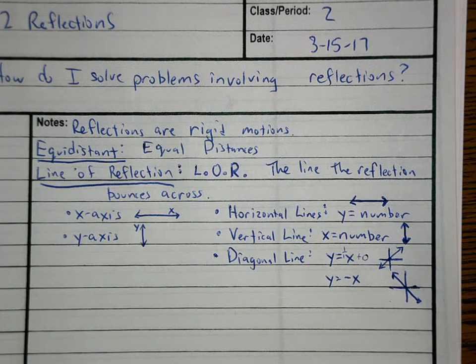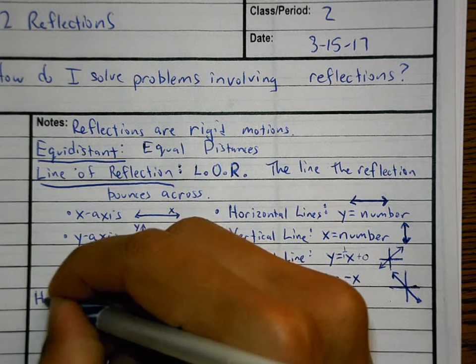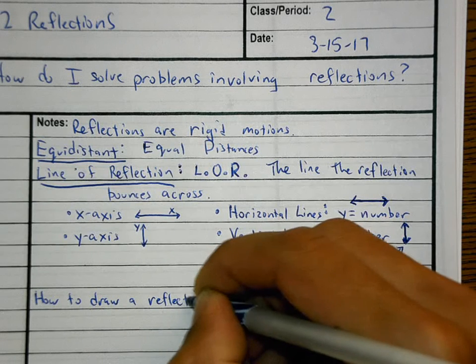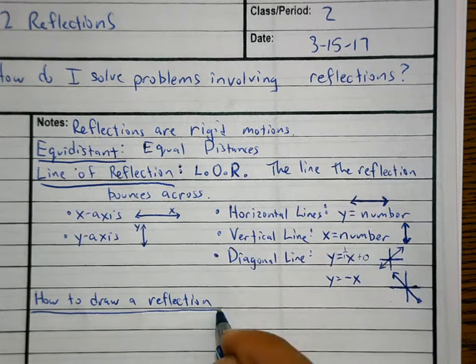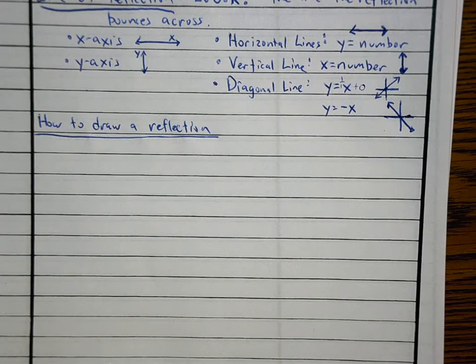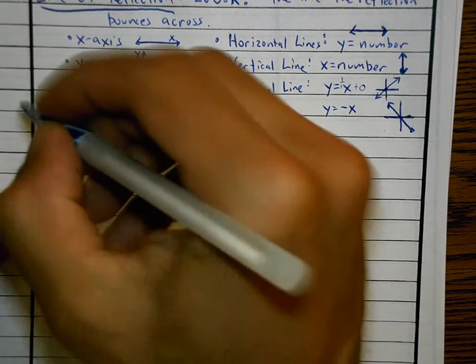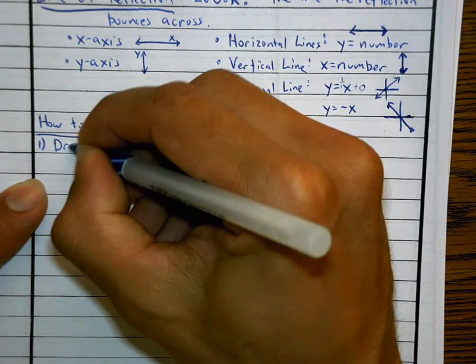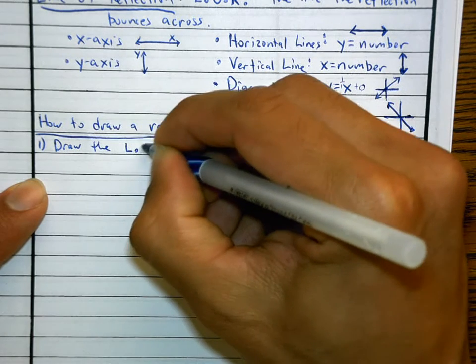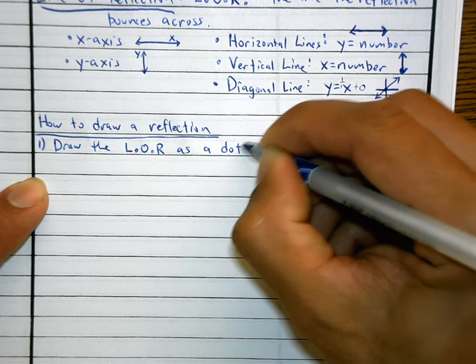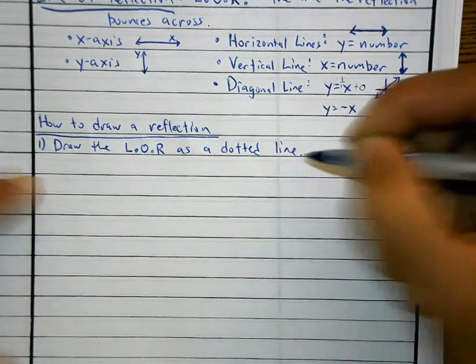So the very first thing we're going to do is write down some directions on how to draw a reflection. I want you to know how to do it first. The first thing we do is draw the LOR as a dotted line.